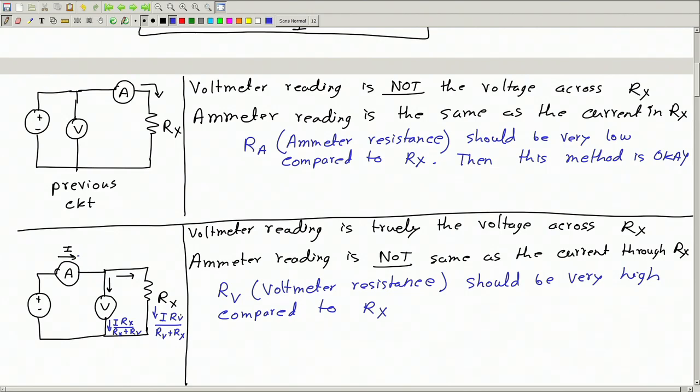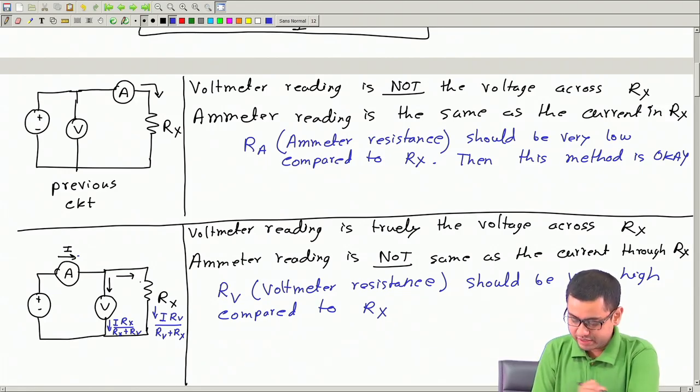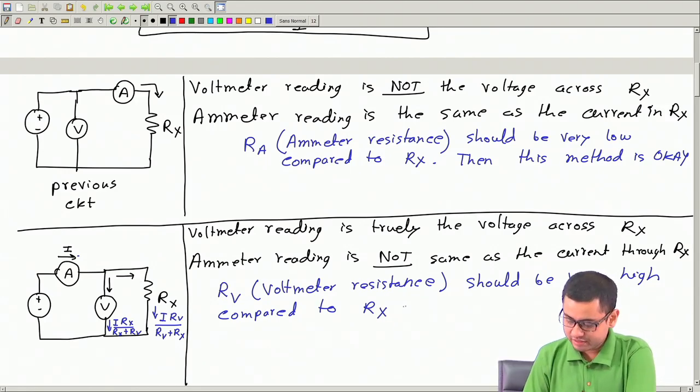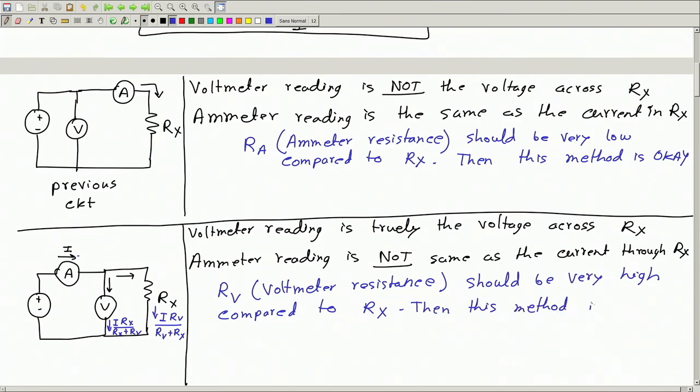Now if Rv is very high compared to Rx, then we can ignore this Rx, and therefore this will be almost the same as I. So almost the entire current goes through Rx, very little current goes through the voltmeter. So then the ammeter reading will be almost the same as the current through the resistance. So then again this method is okay.